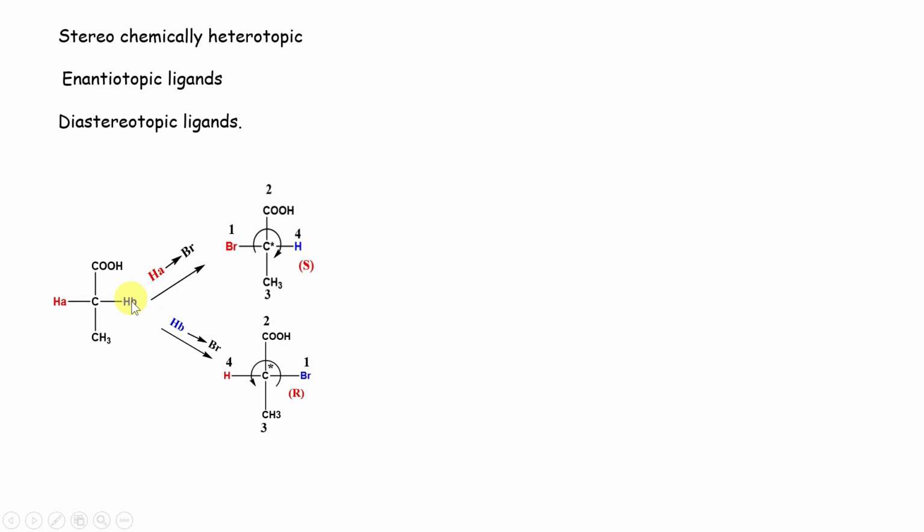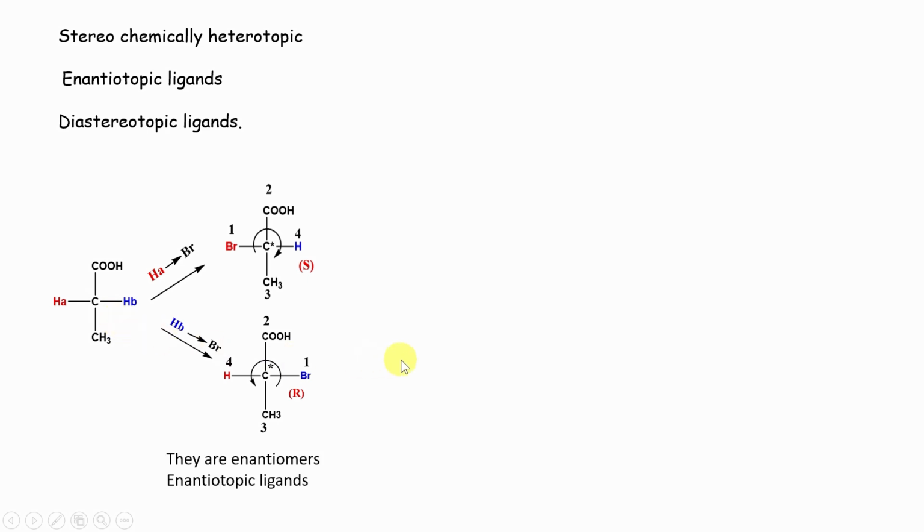So when two or more ligands in a molecule are identical, but on individual replacement by another ligand give rise to two molecules that are enantiomers or non-superimposable mirror images of each other, then the original ligands HA and HB here are said to be enantiotopic ligands.